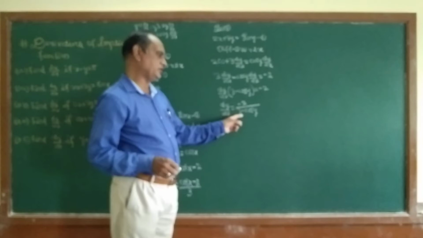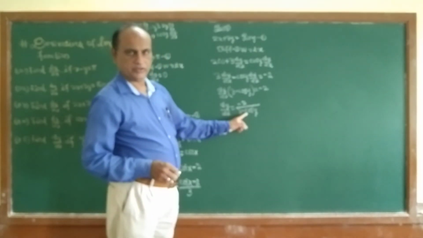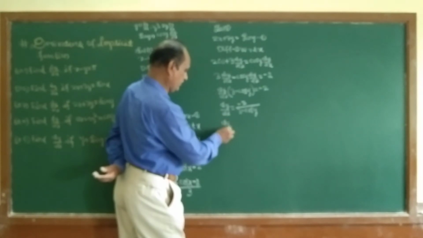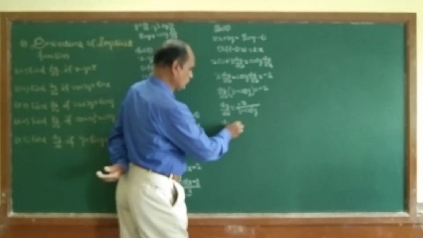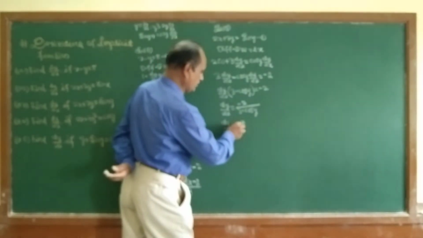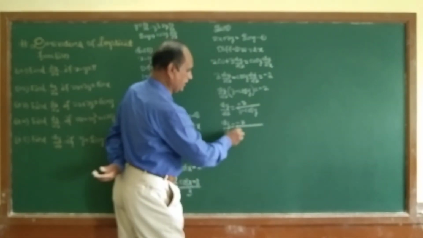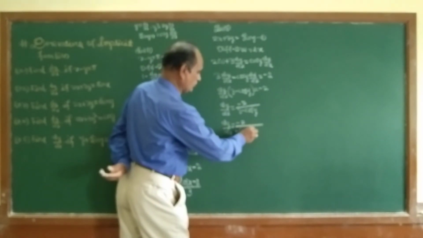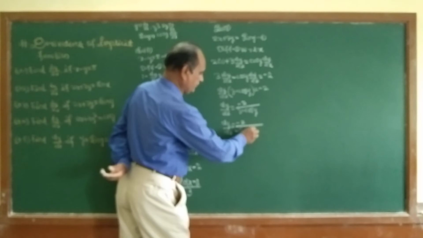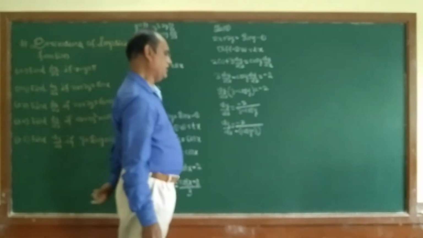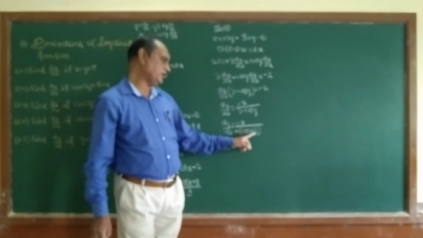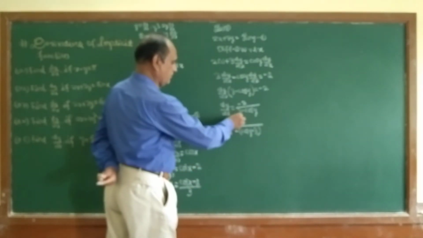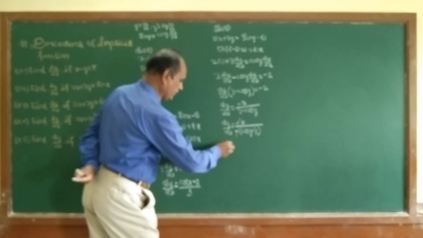If we need to make this positive, take minus common in the denominator. Therefore dy by dx is equal to, in the numerator minus 2 as it is, in the denominator taking minus as common, write minus in the bracket: cos y, and then minus 3. Multiplying the minus from outside gives plus 3 and minus cos y. Just cancel the minus in the numerator and the minus in the denominator.